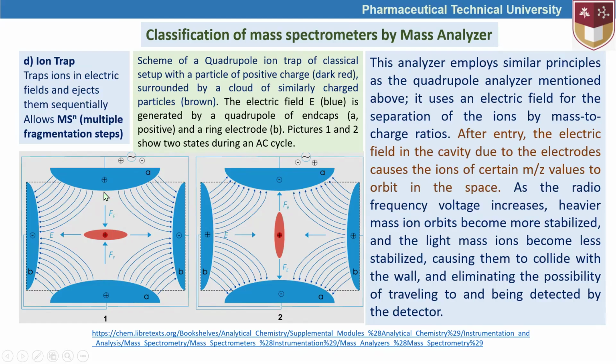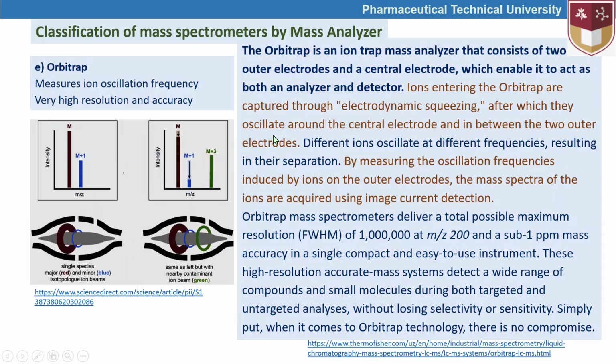So this is the power to trap the ions there. And in the orbit trap, as we see here, it has two outer electrodes and one central electrode, and these three electrodes enable it to act as both an analyzer and detector.